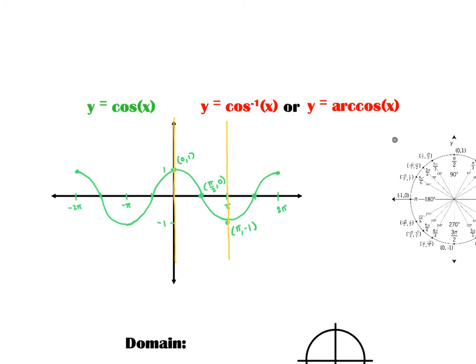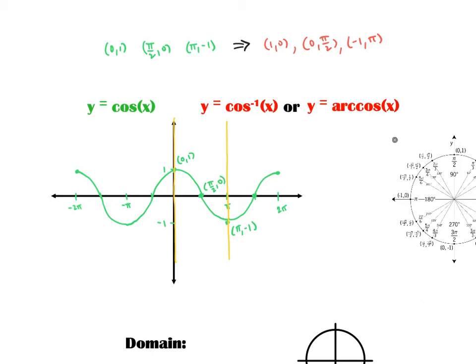So if the following points are on cosine, what was my third? Pi, comma, negative 1. Then the following points, if they are truly inverses, should be on inverse cosine: 1, 0, and 0, pi over 2, and negative 1, pi. Okay, so let's sketch these.